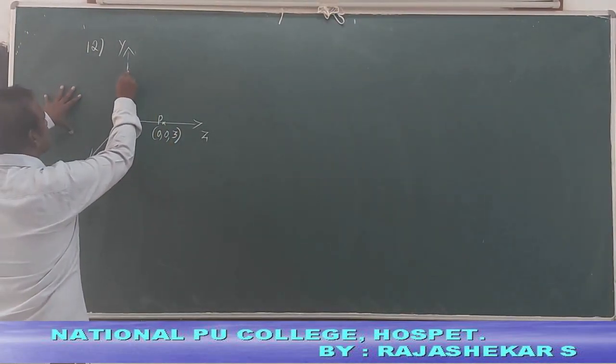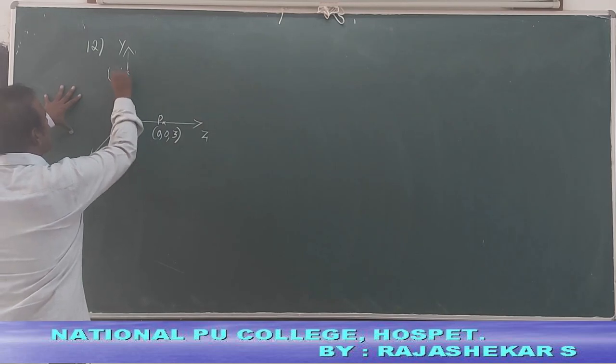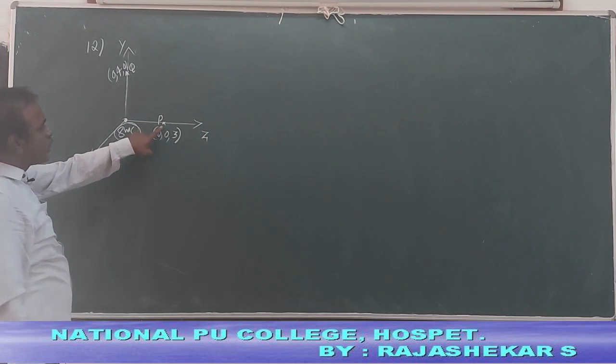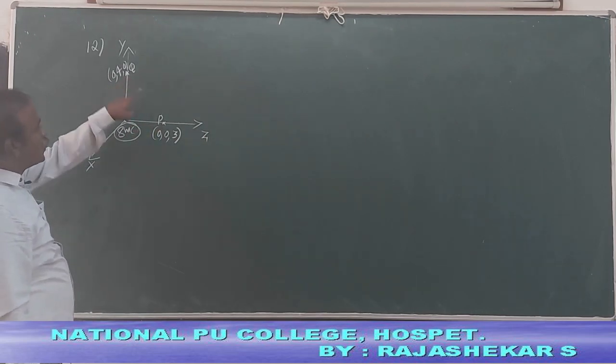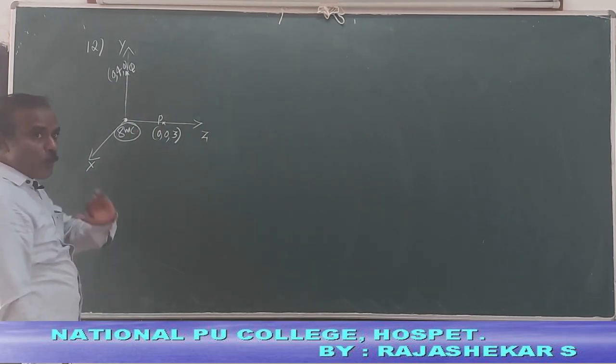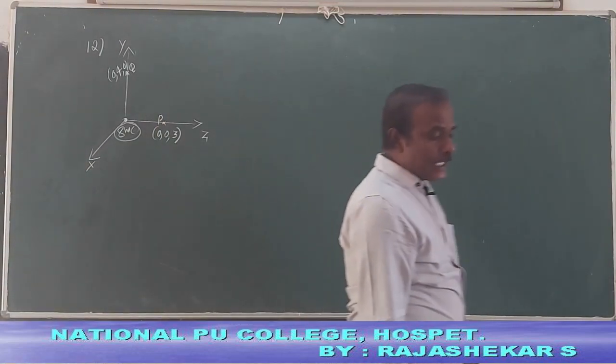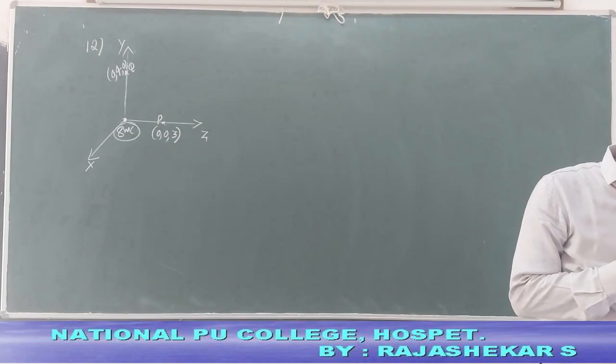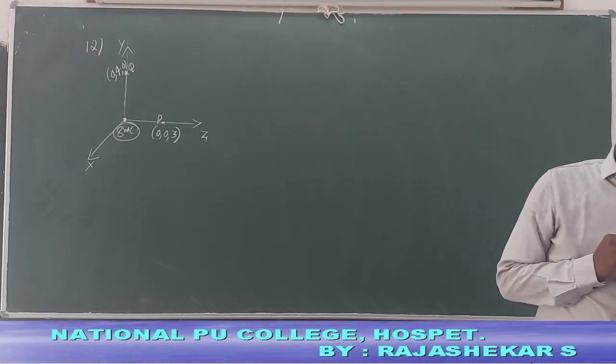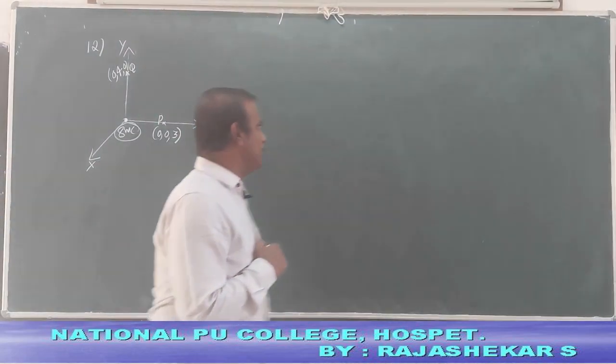Say somewhere here 0, 4, 0, this is point Q, and the charge moves from P to Q not directly but via a point R. What is R? The point R lies in the YZ plane, 0, 6, 9 centimeter.